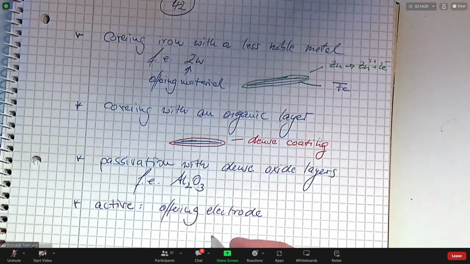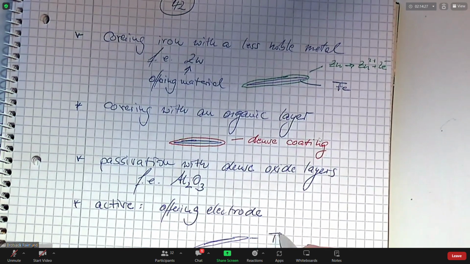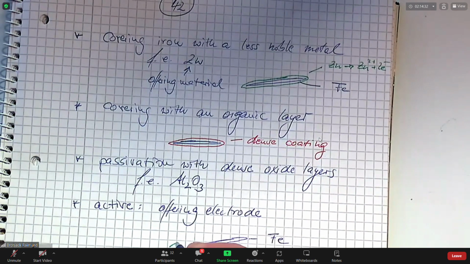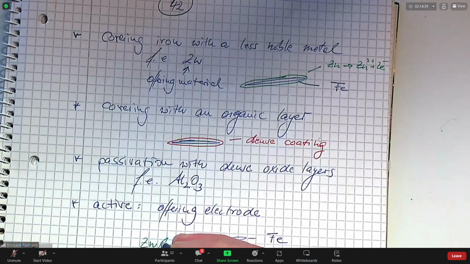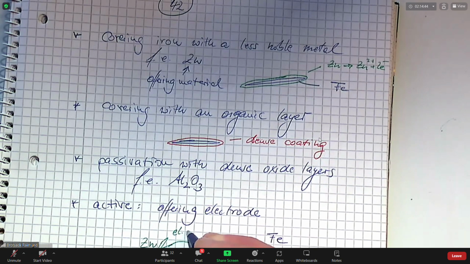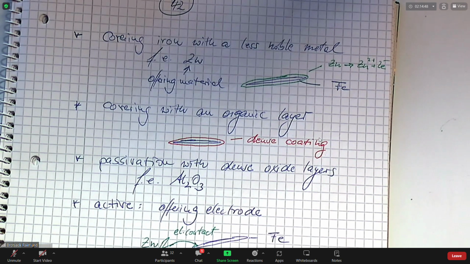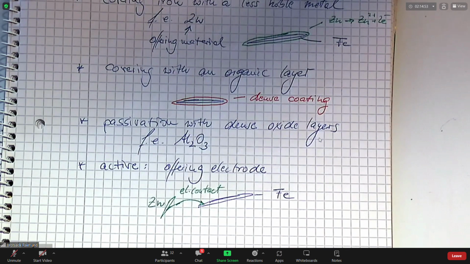We just have a contact. We don't even have to coat the iron totally. We just make sure that there is an electrical contact with, for example, a zinc electrode. And that's just an electrical contact, because at the end it's just important that the electrons come from the zinc to save the iron from oxidation.